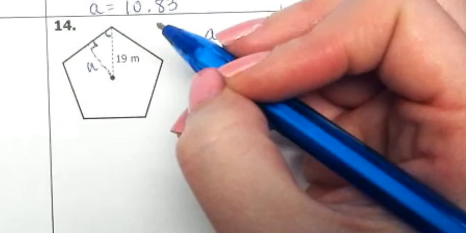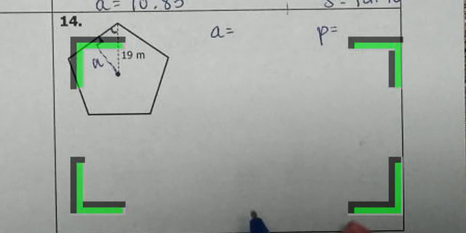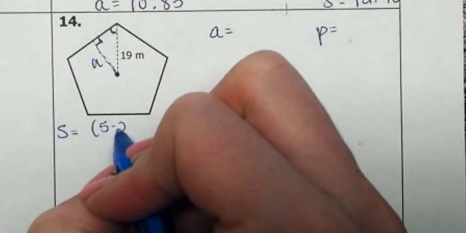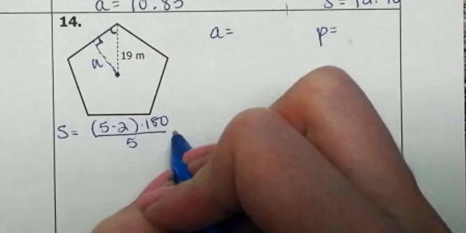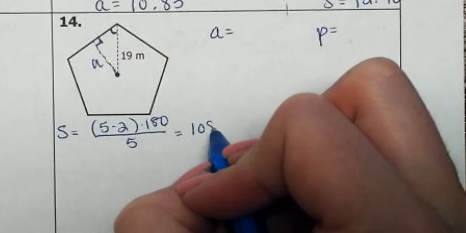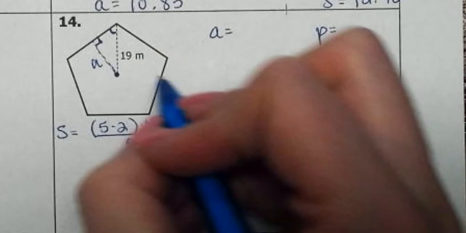So let's find that angle that we need by using that sum formula. So S equals 5 minus 2 times 180 divided by 5. We get 108. We're going to divide that by 2. Get 54. So this is 54 degrees.